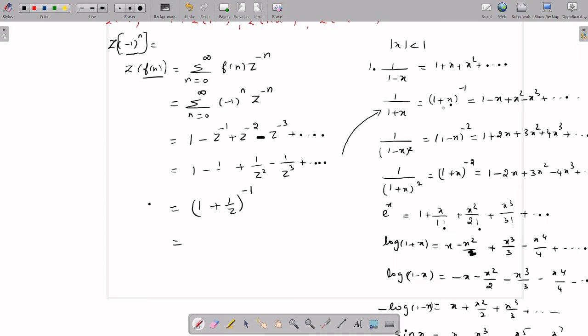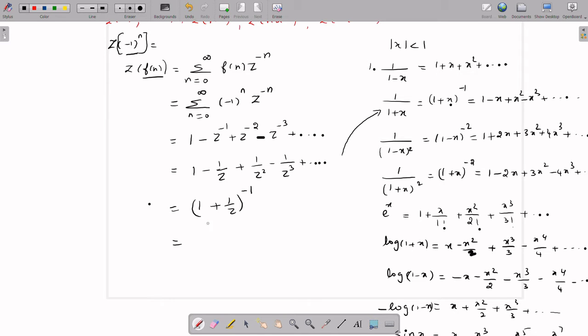In the place of x you have 1 by z in our problem. In the place of x squared, 1 by z whole squared, minus, all the terms are there. So 1 plus x whole power minus 1 is this expansion. So in our problem, in the place of x you have 1 by z.